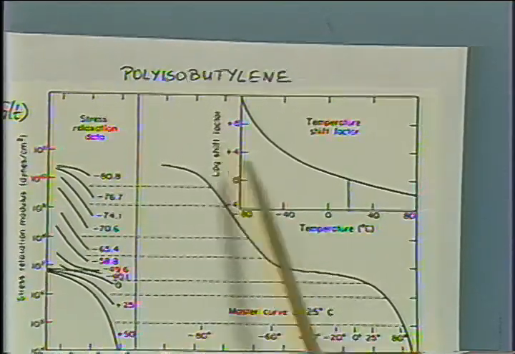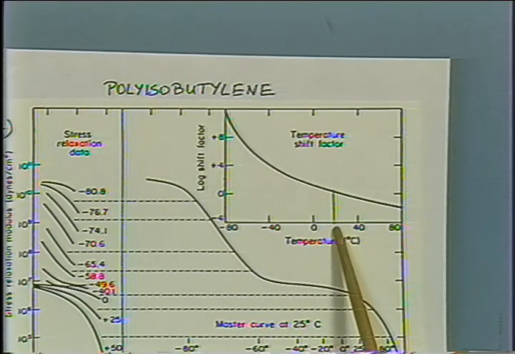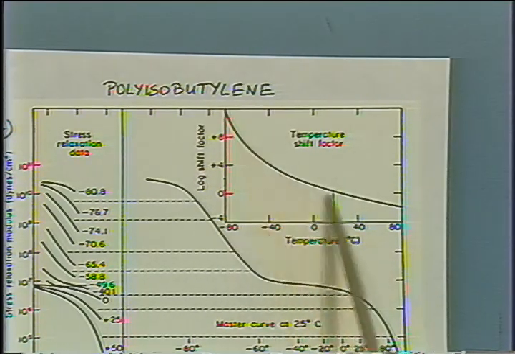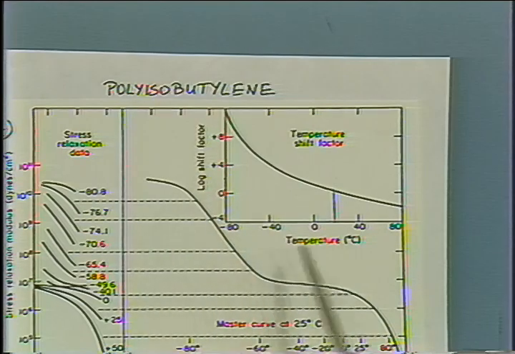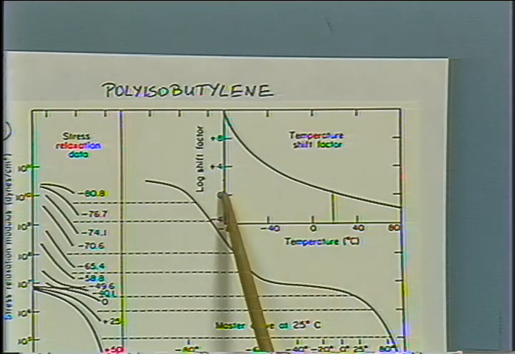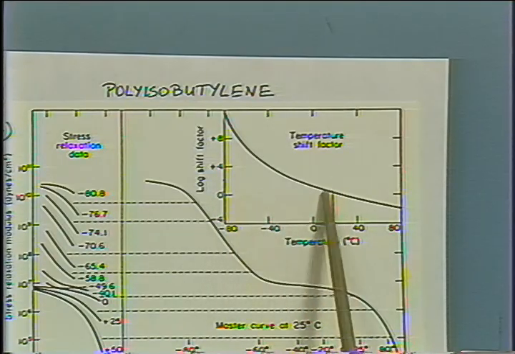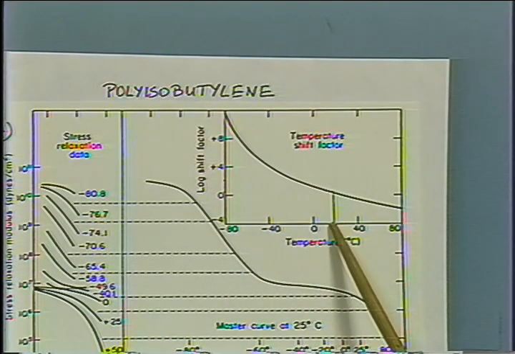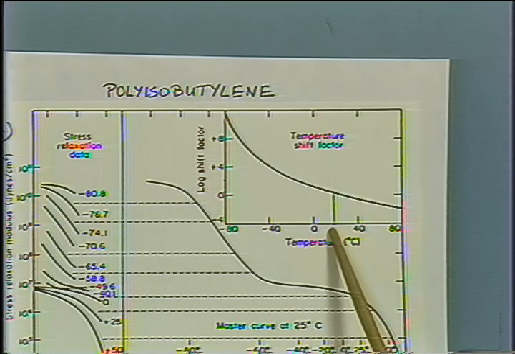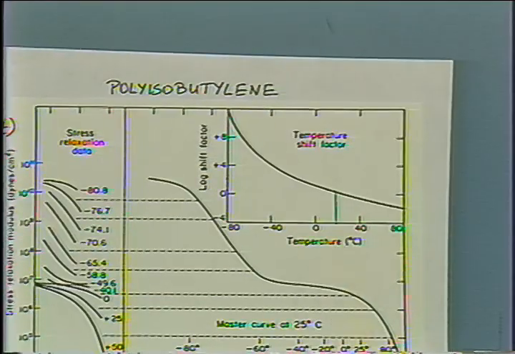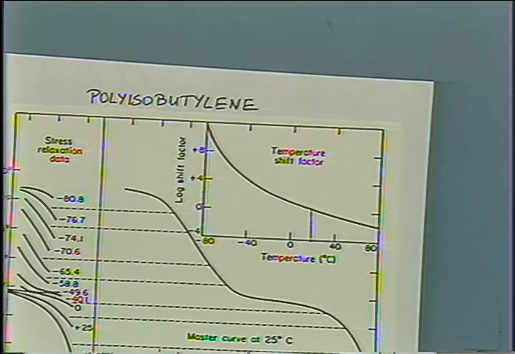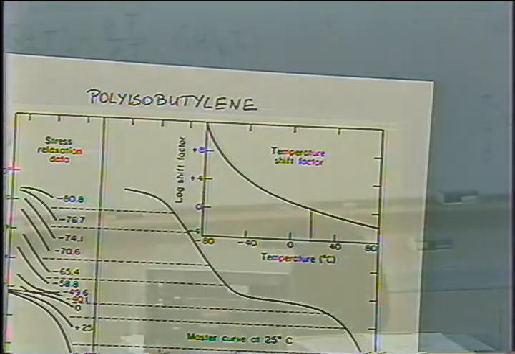The shift factor itself is plotted here as a function of temperature. When you look at those shift factors, aT, you find the value 1 gives you the reference temperature. The reference temperature of all the data is 25 degrees C. Because there aT would be equal to 1, and then your time scale is the real time scale in which your observation is occurring. Okay, so this is the relation for the modulus.